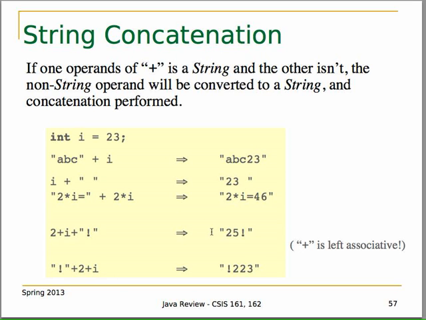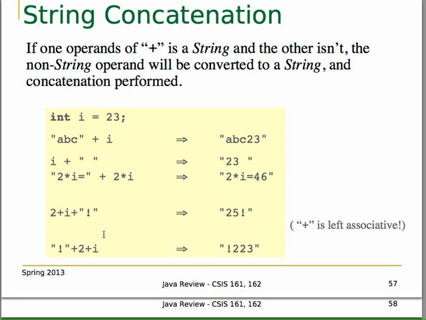I'm hoping these things are clear. We say that plus is left associative. That basically just means you go left to right. For example, here you go left to right. 2 plus i is an int, and then you do an int plus a string. So an int plus a string gives you a string.